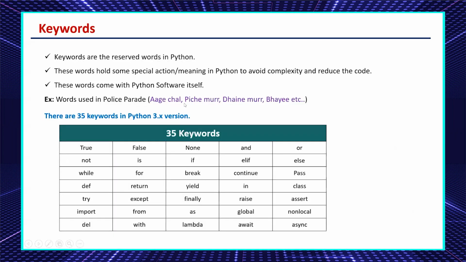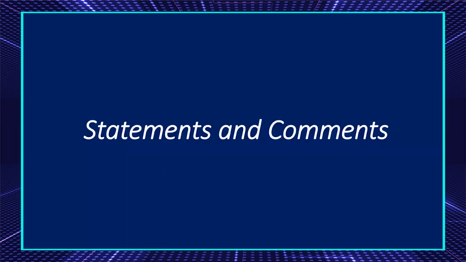Now, keywords we discussed all these things. Statements. What is a statement, guys? What is the statement we discussed in the last class? Instructions. Statements are instructions that are executed by the interpreter.